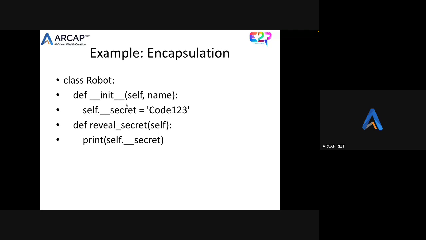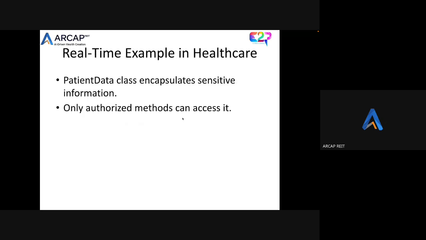Like here you can see we are setting self dot secret equal to code 123. So we can encapsulate the sensitive information so that only authorized methods can access it. The other methods cannot access it.